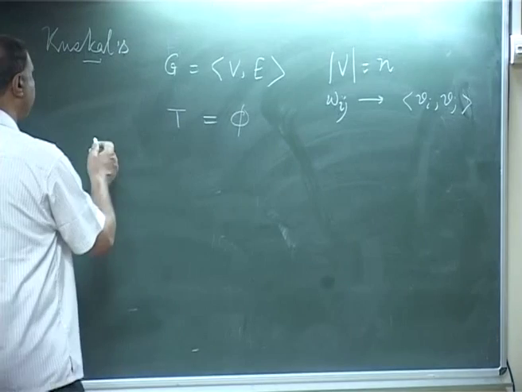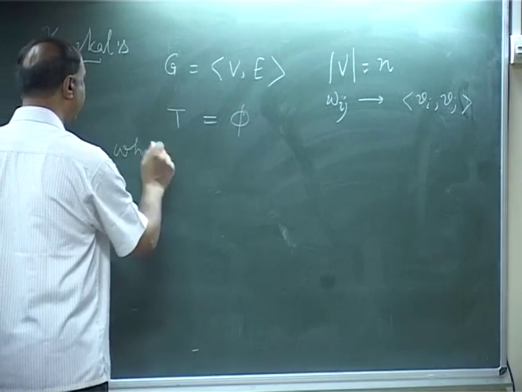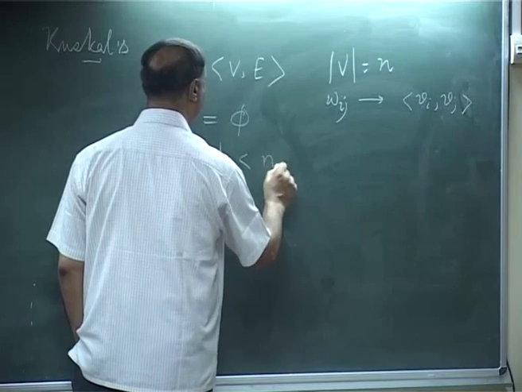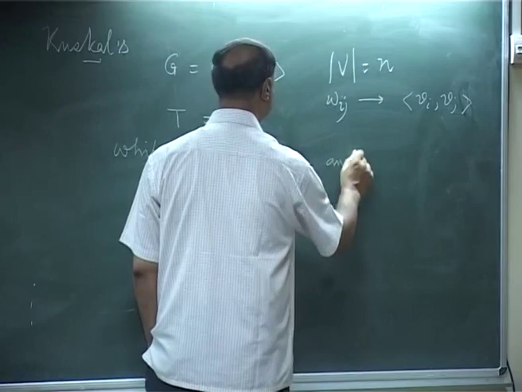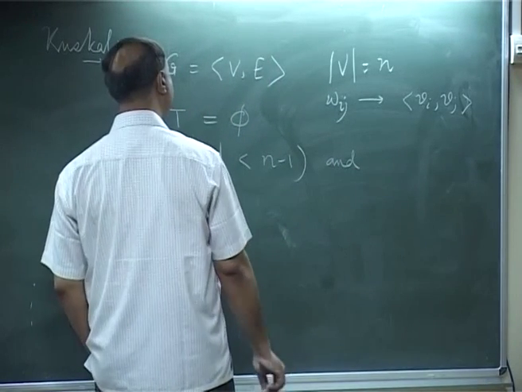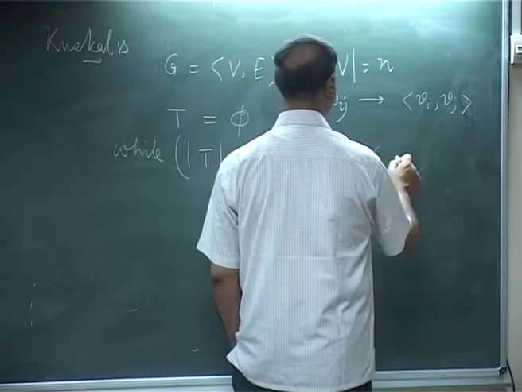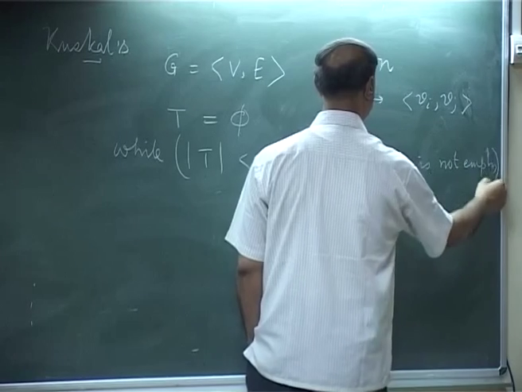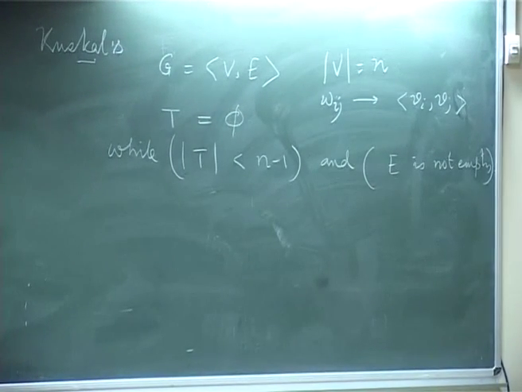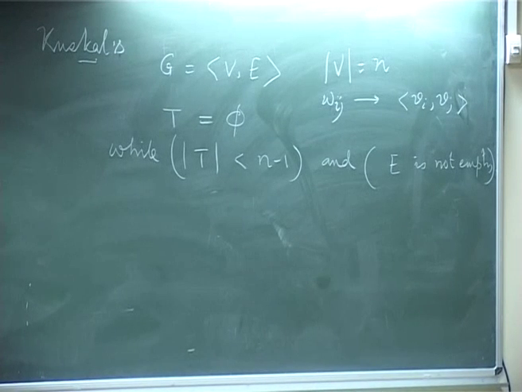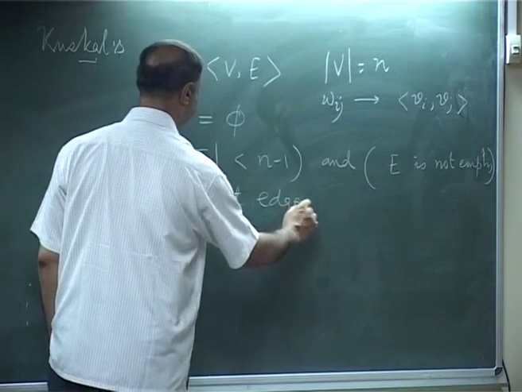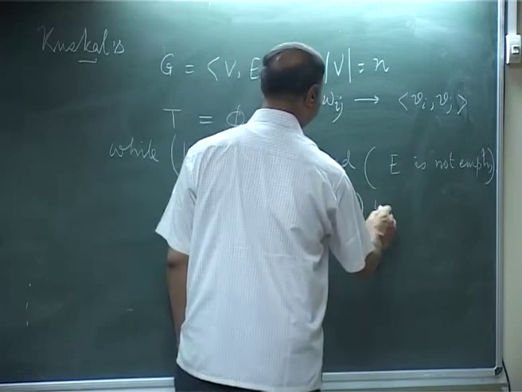Okay. Now the algorithm will be like this: while the number of edges in the tree is less than n minus 1 and E is not empty, select an edge UV of minimum cost.